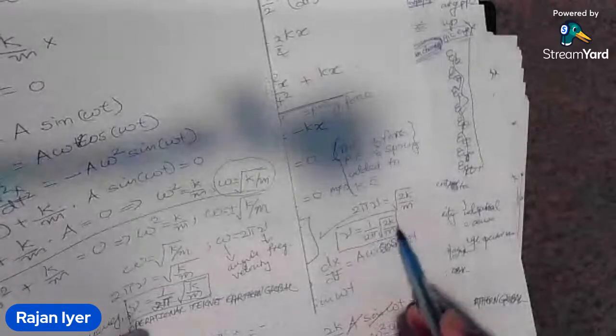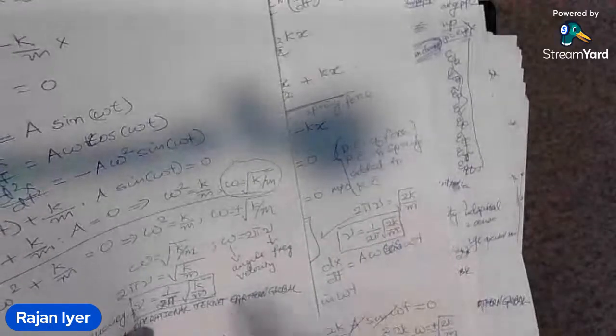It's the same thing. So we compare these two nu together: nu equals 1 over 2 pi square root of k over m, and here nu equals 1 over 2 pi square root of 2k over m. So just a square root difference. The difference factor is square root of 2.